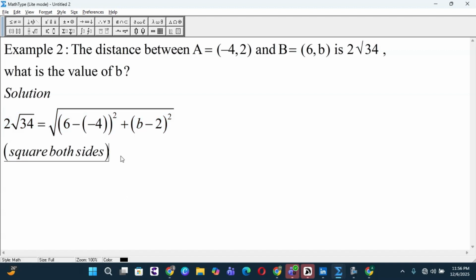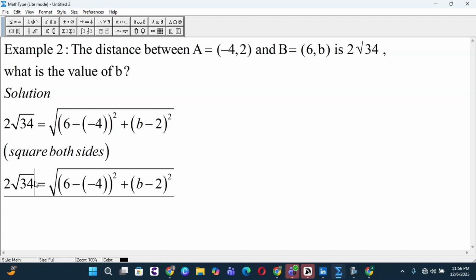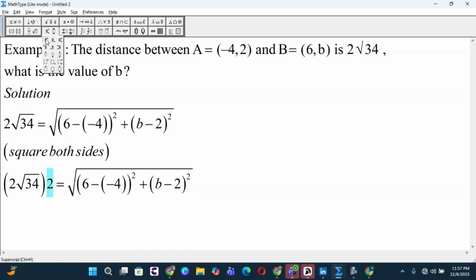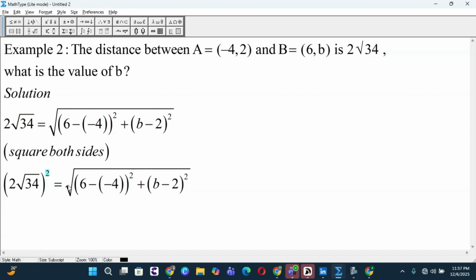This one will begin to have this whole thing squared, then the whole of this squared.